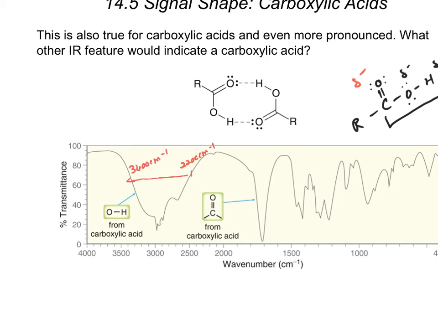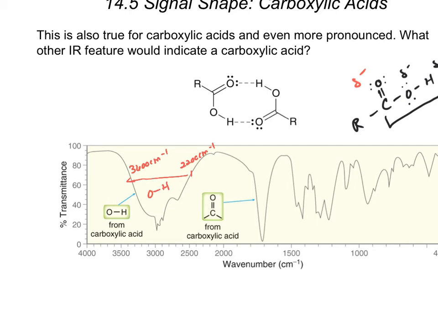This gigantic broad signal in this region of the IR spectrum is almost always the alcohol group of a carboxylic acid. So super broad like this, you know, this is the OH stretch of our carboxylic acid, okay?